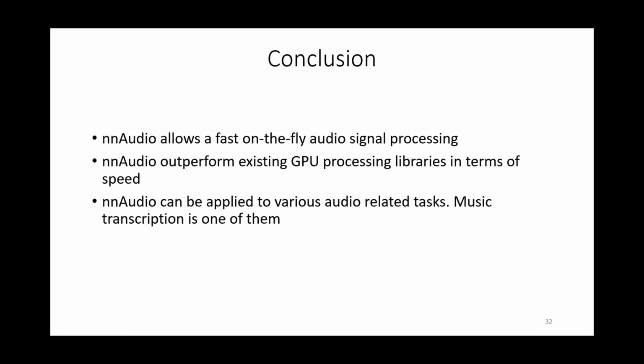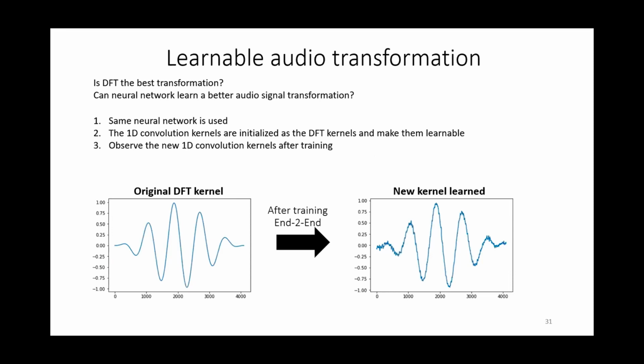Gao Ray asks, if the kernel is trainable, how much will it change? I only tried some very simple problems, like the input is just a pure sine wave, and I try to classify the frequency of that sine wave. The change is not that much. You can still see the overall shape, but they introduce some higher frequency information to the kernel.